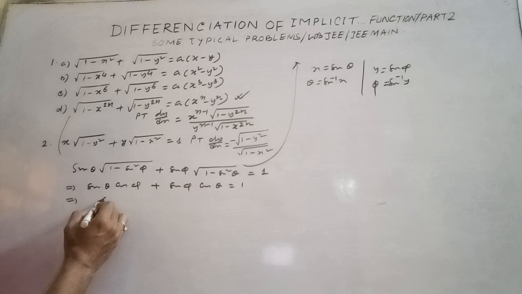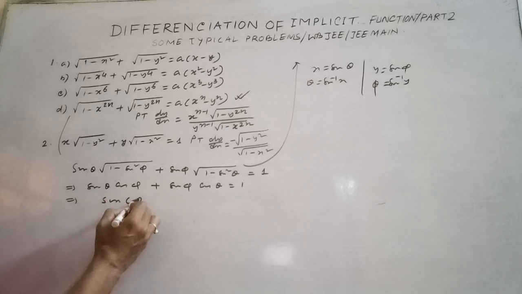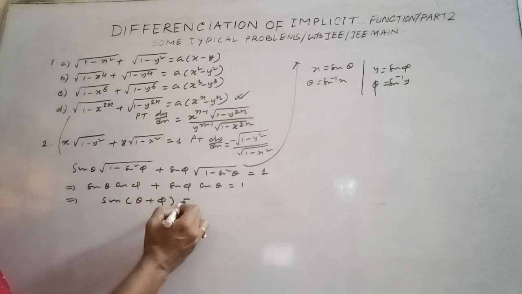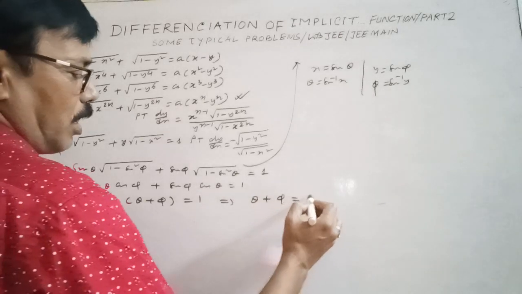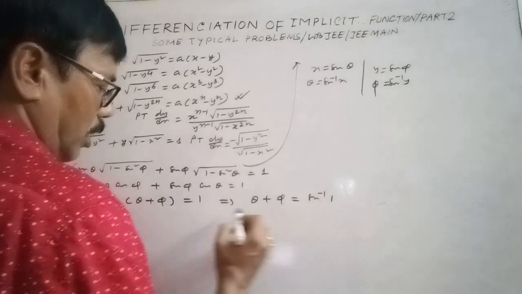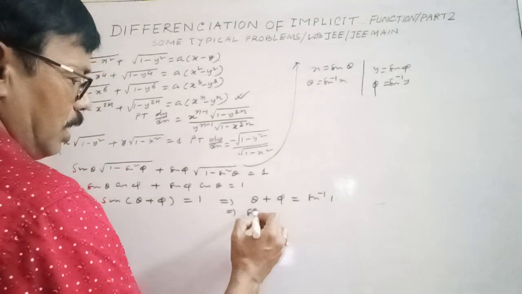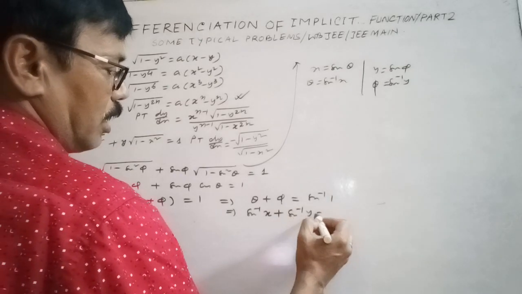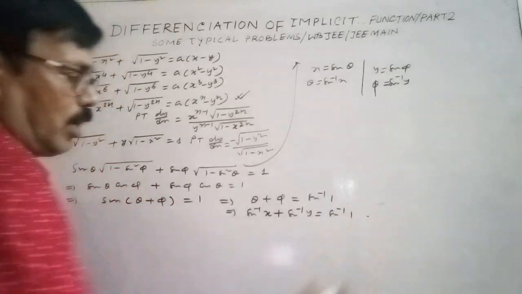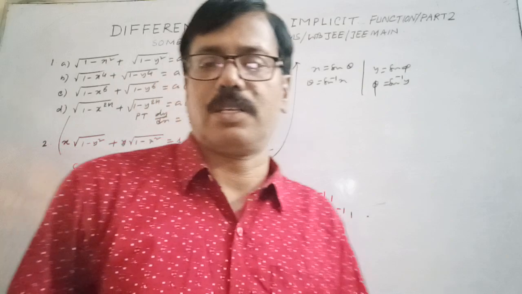This is a well known formula: sin of theta plus phi equals 1. This implies theta plus phi equals sin inverse 1. So sin inverse x plus sin inverse y equals sin inverse 1. So this is the simplified form.